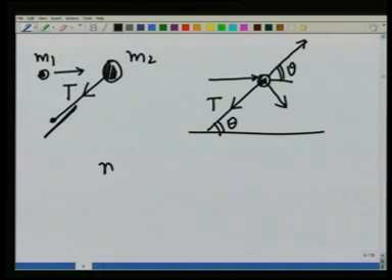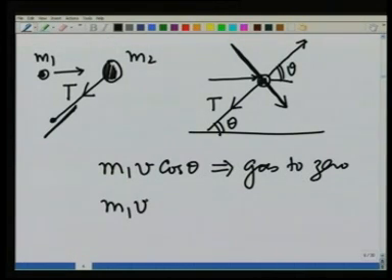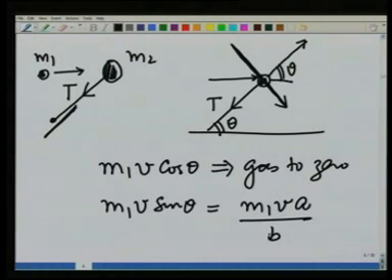So, the initial momentum m1 v cosine theta will go to 0 because of this force T applied by the rigid rod, and the only component that will survive, because there is no force in this direction, will be m1 v sin theta, which will be equal to m1 v a divided by b, where a is this distance, as I said earlier, and b is the length of the rod.